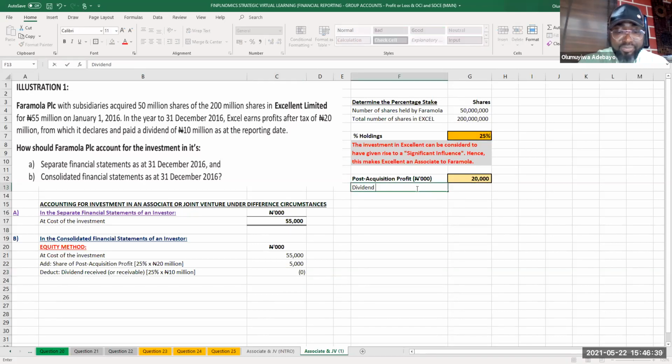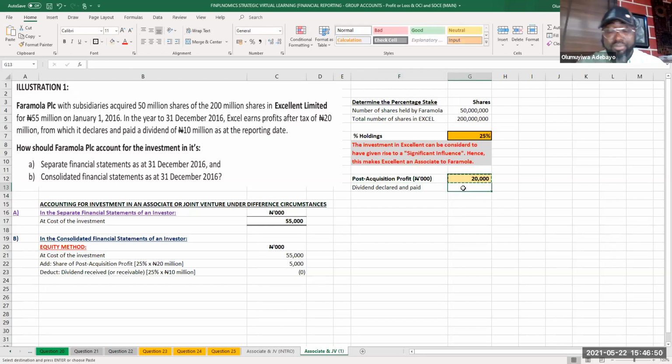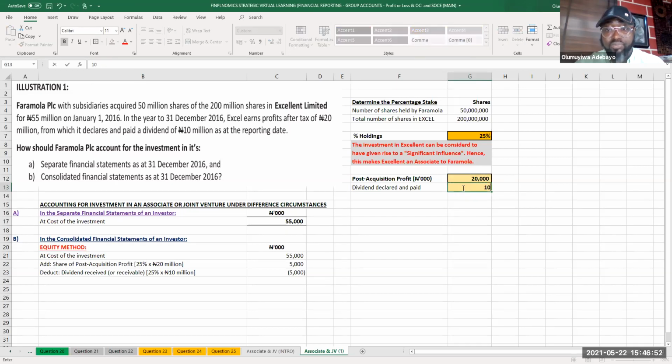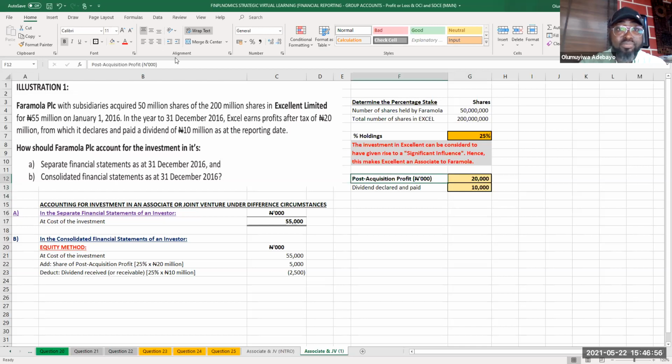Dividend declared and paid. Our figure in thousands.